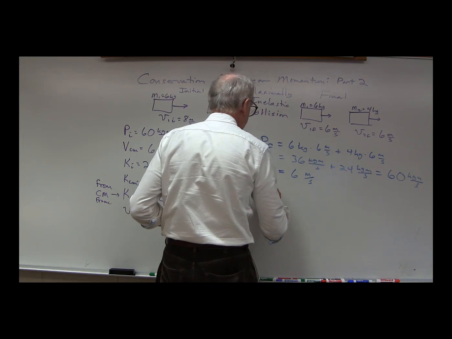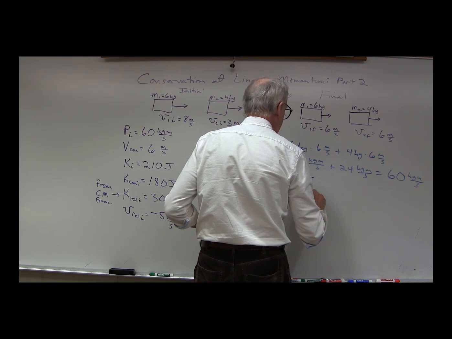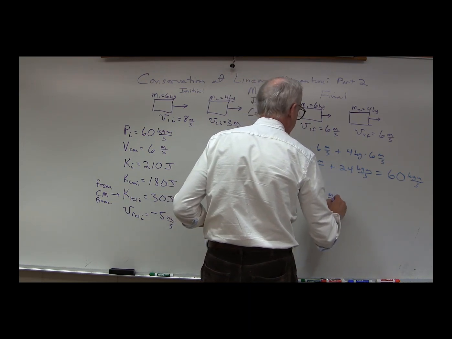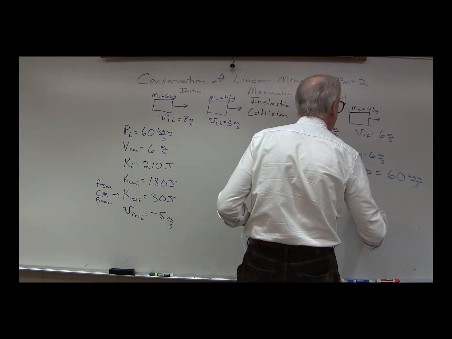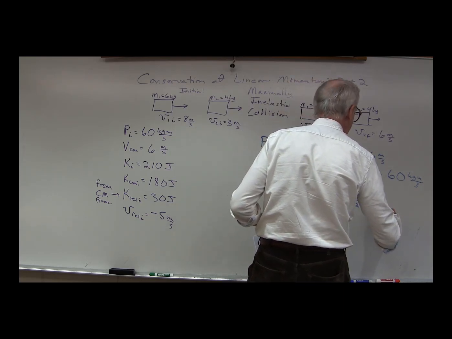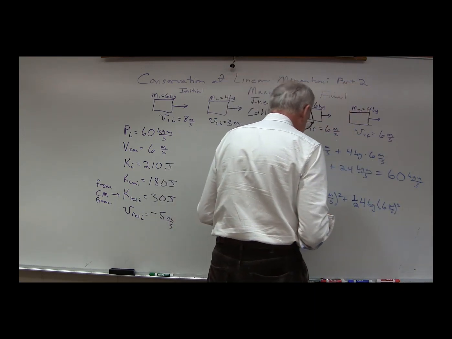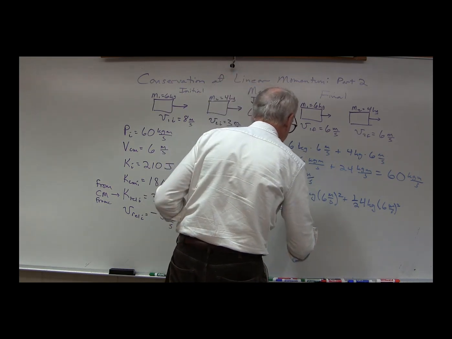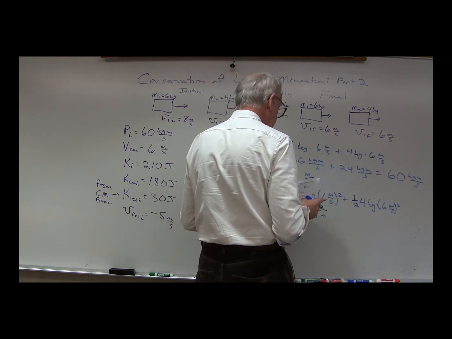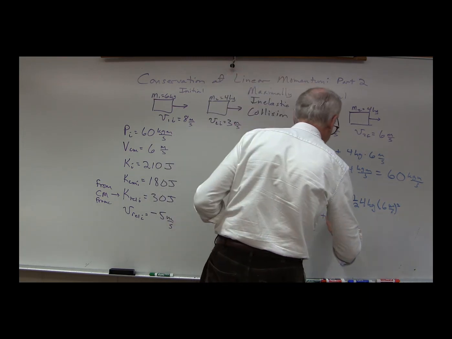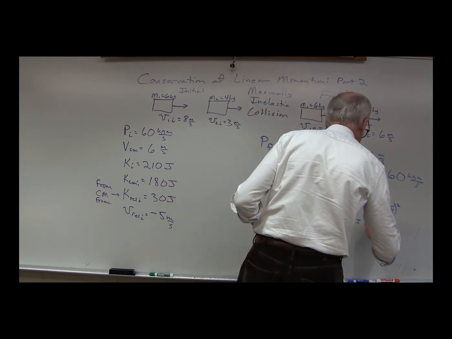What is our final kinetic energy? 1/2 times 6 kilograms times 6 meters per second squared plus 1/2 times 4 kilograms times 6 meters per second squared, which is 1/2 times 6 times 6 squared, 108 joules, plus 1/2 times 4 times 6 squared, 72 joules, which gives us a total of 108 plus 72, 180 joules.